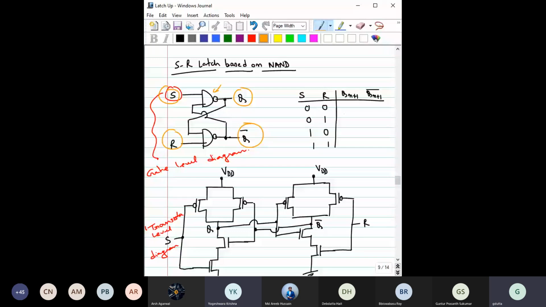Here for 0 1 it would be 1 0, it would be 0 1, this would be Qn, this would be Qn bar, and here this state would be equal to 1 1, and this is not a valid input for SR latch. 1 1 is not the valid input for SR latch, right?